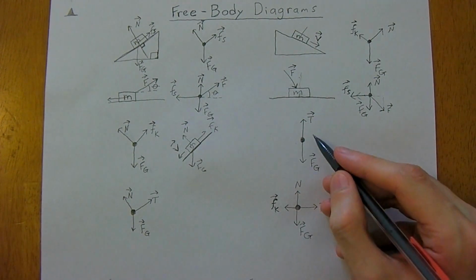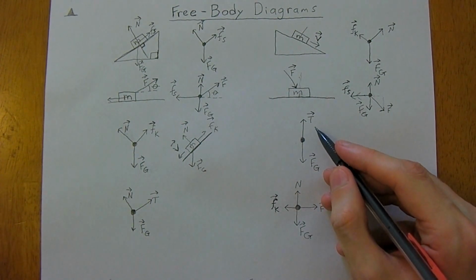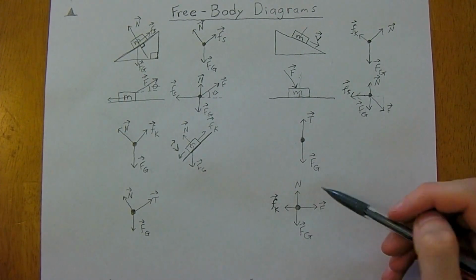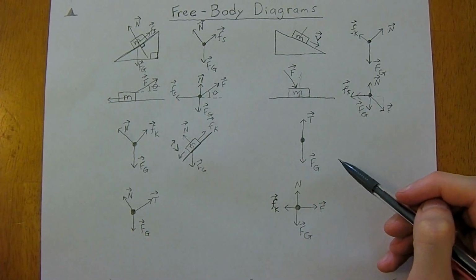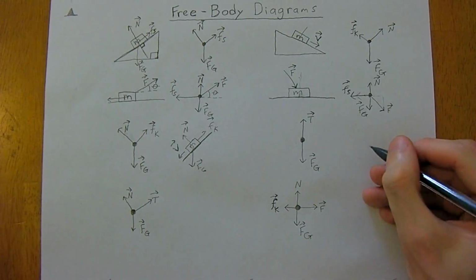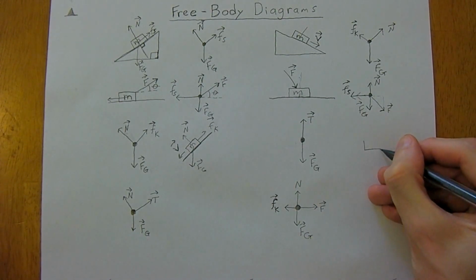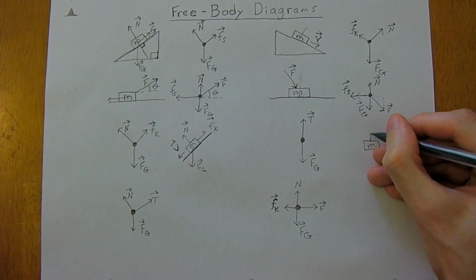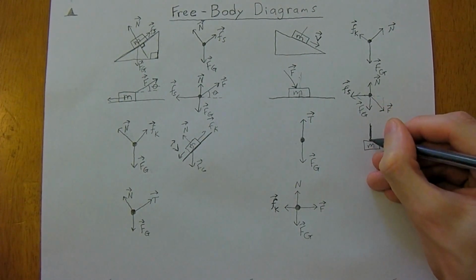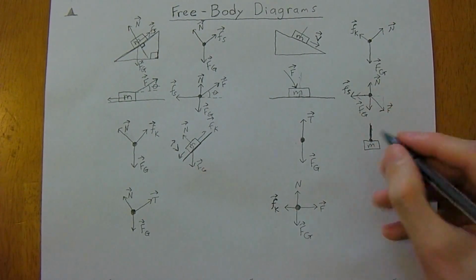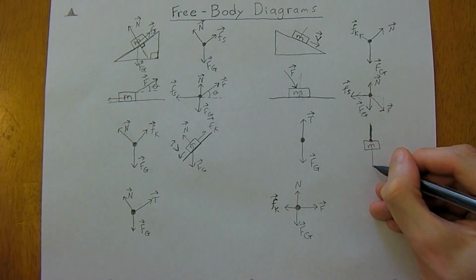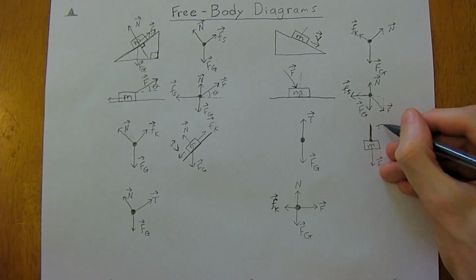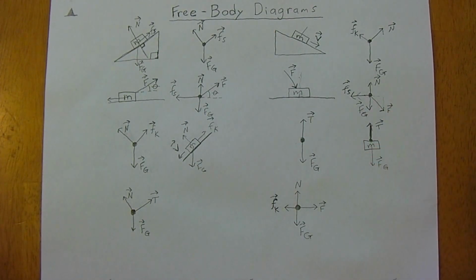And then this is a new one, a new symbol here, T, which stands for the force of tension. Whenever you see tension, usually it's a good bet it's going to represent a rope. So say we've got a hanging mass and there's a rope which it is attached to. In this situation, we have the force of gravity pulling it down. Then we have the tension in the rope holding it up.